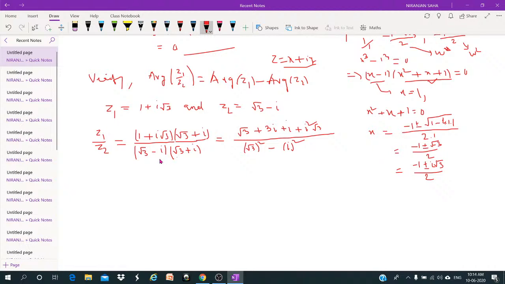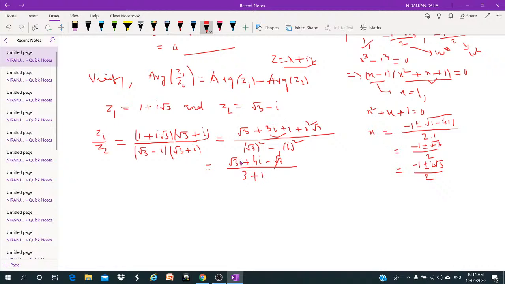So what will it be now? Here root 3 remains, and here we add, this will be 4 iota. Here iota square is equal to minus 1, so this will be minus root 3. And in the denominator, this will be 3 minus iota square, that is plus 1.